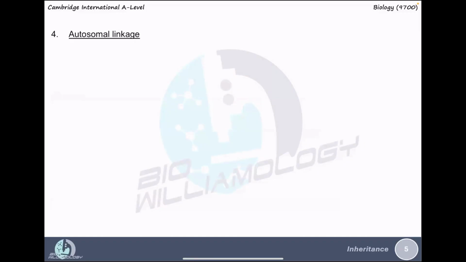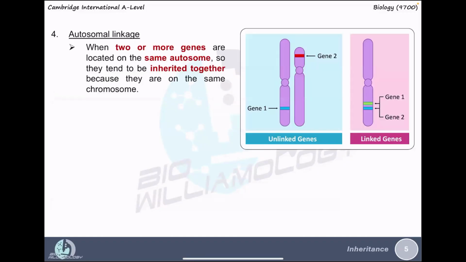So what is the definition of autosomal linkage? When 2 or more genes are located on the same autosome, and we want to analyze these 2 genes, they tend to be inherited together because they are on the same chromosome.